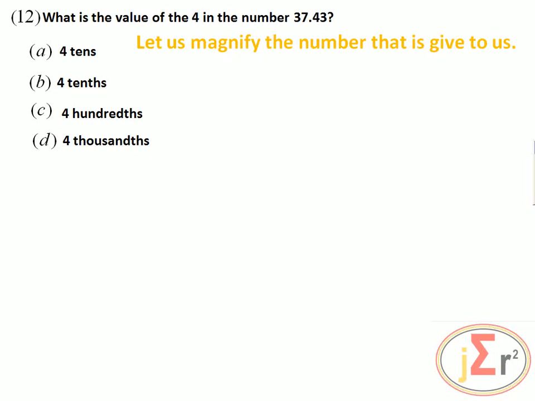Let us magnify the number that is given to us. The number that is given to us is 37.43. And some students nowadays say it differently. I do not know that that is correct because we never use decimal fractions or name them in that way.